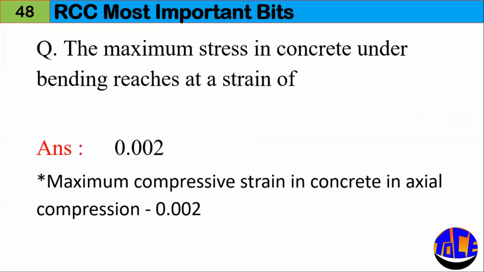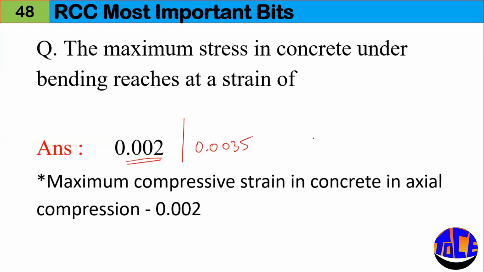Question number 48. The maximum stress in concrete under bending is reached at a strain of 0.002. I hope you have understood this question. You may get confused between 0.002 and 0.0035.